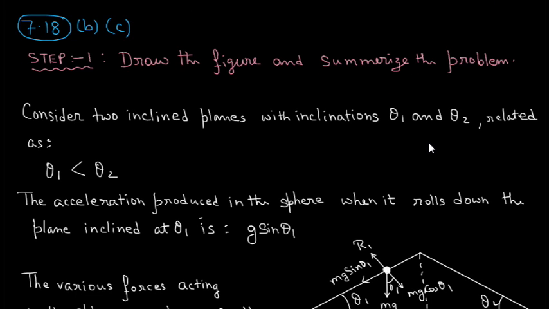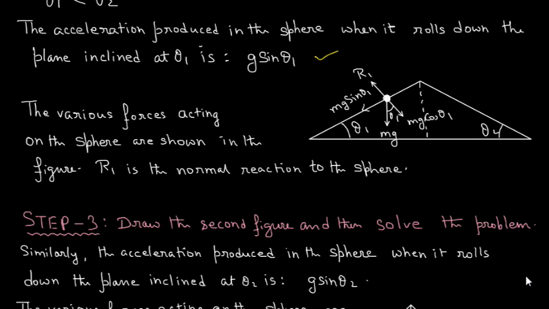Step 1 is draw the figure and summarize the problem. So consider the two inclined planes with inclination theta 1, theta 2 related as theta 1 is less than theta 2. The acceleration produced in the sphere when it is rolled down the inclined plane theta 1 is g sine theta 1, because mg is divided into components.